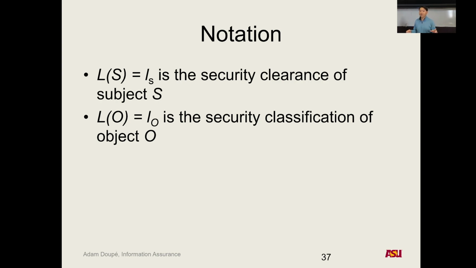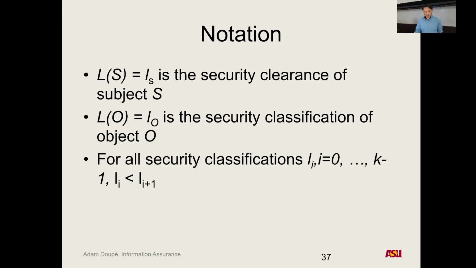It returns the level of security of object O. Okay. So all security classifications are one of these levels, L0 to Lk minus one, that can be a top priority, highest level, right?